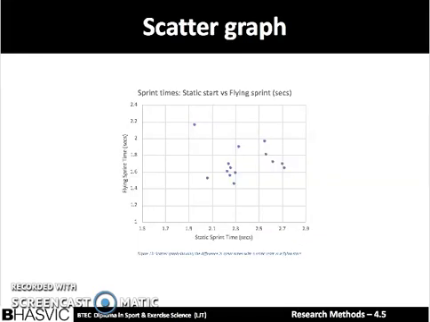So in figure 13 you can see that there is a scatter graph presented. Now scatter plot graphs basically show correlation. So this might be a positive or a negative correlation, and they also show the strength of that correlation, so whether it's a strong correlation or weak correlation, sorry.